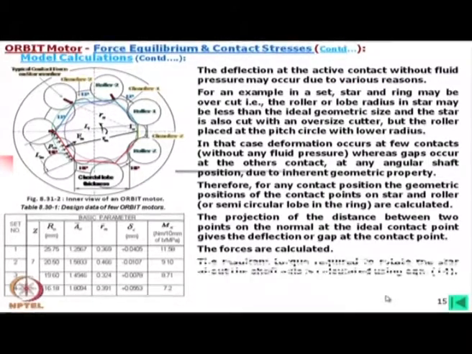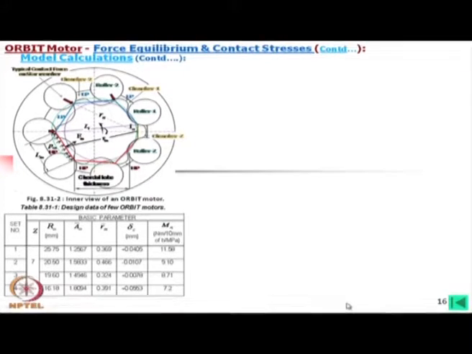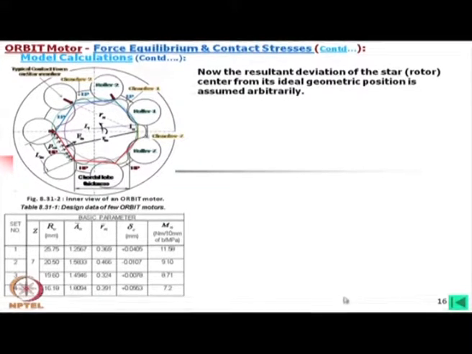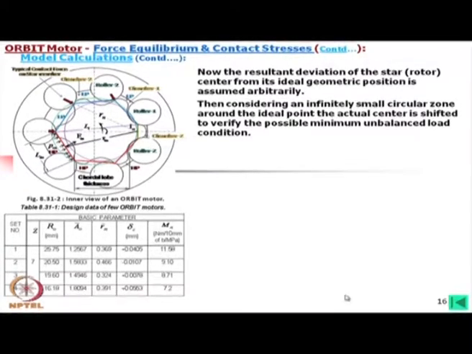The forces are calculated and the resultant torque required to rotate the star about the shaft axis is calculated using equation 14, which we have described earlier. Now, the resultant deviation of star center from its ideal geometric position is assumed arbitrarily. Then, considering an infinitely small circular zone around the ideal point, the actual center is shifted to verify the possible minimum unbalanced load conditions, which I have described.